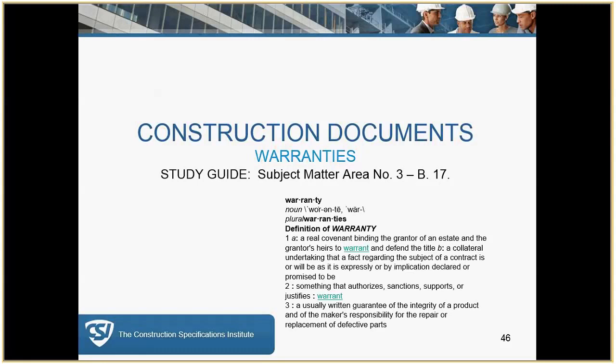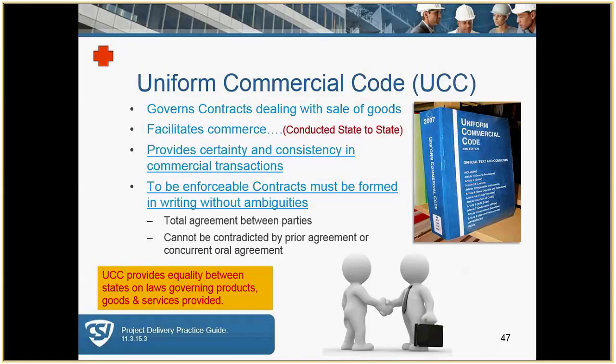And the Uniform Commercial Code, developed by the federal government, governs contracts dealing with the sale of goods, and it provides a consistency in commercial transactions across 50 states. And the UCC provides equality between states on laws governing products, goods, and services provided.